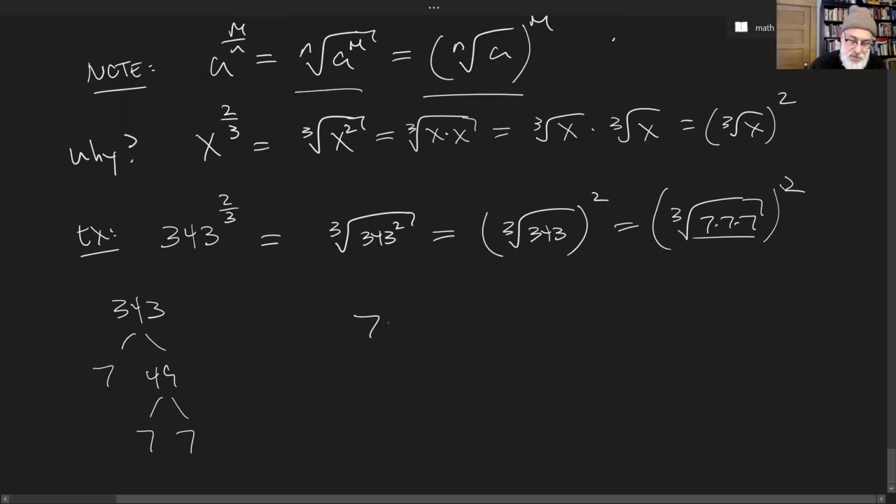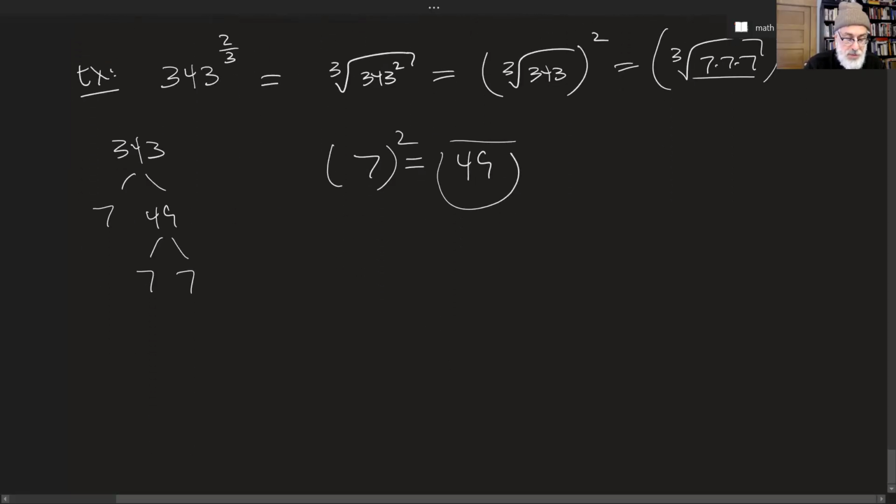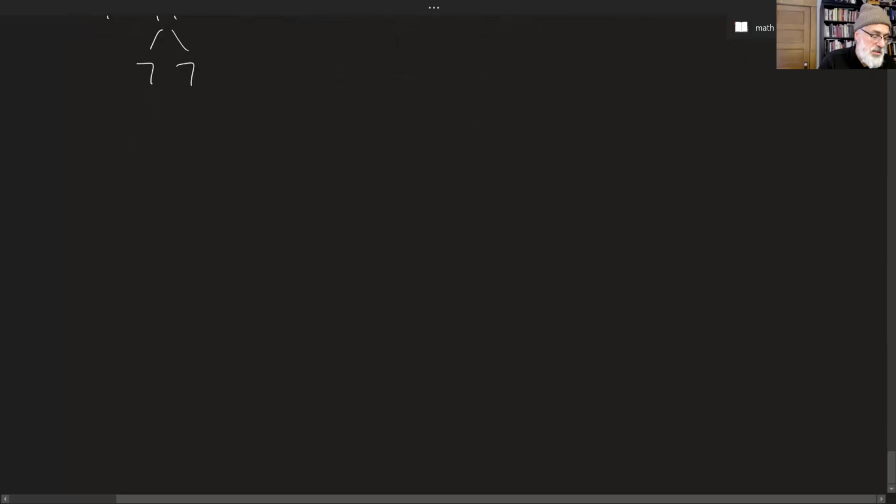That means I bring out a 7. So 343 raised to the 2/3 power is actually the same as 49, which is nice. It's easier to do. You can put that in your calculator, you would get the same number. But if you had to do it by hand for whatever reason, on an exam, on a quiz, and homework, that's how you would do it.